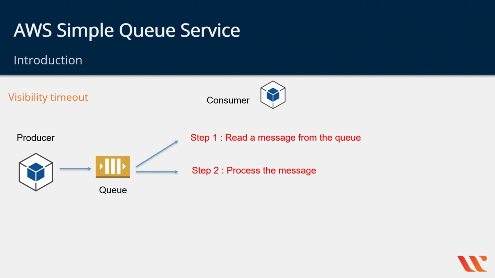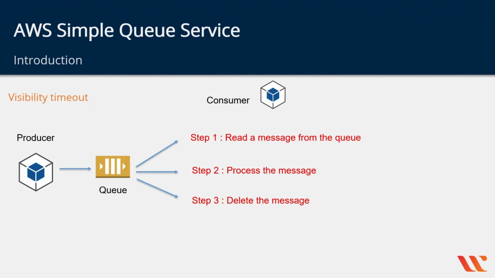After it processes the message, the next step is to delete the message. You have to delete the message because this is not done automatically when the message is read. If the consumer reads a message from the queue, it does not necessarily mean that it would delete that same message from the queue. The reason is that, let's say the consumer has read the message, and before it has a chance to process it, it goes down.